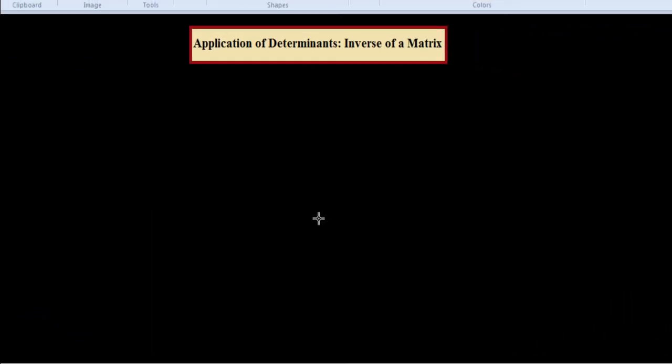Friends, in this session we will study the inverse of a matrix. We can find the inverse by different approaches. There are two major approaches which we use to find the inverse of a matrix.